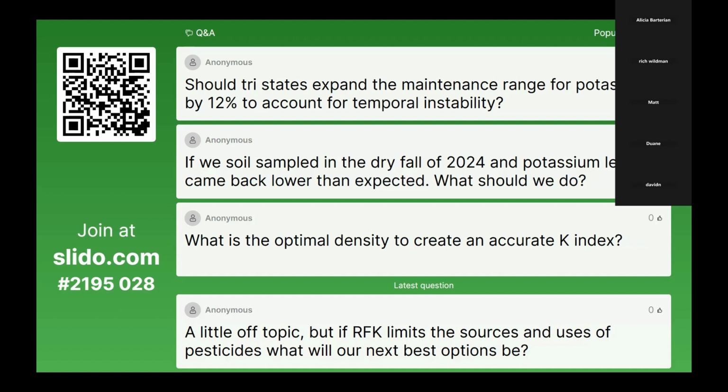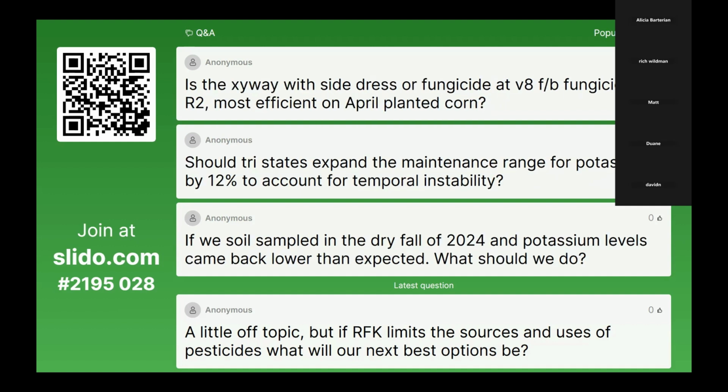If you do that, 12% more fertilizer on 1,000 acres, we only need fertilizer on 10% of those acres. So purely from an economic standpoint, it doesn't make any sense to do that.